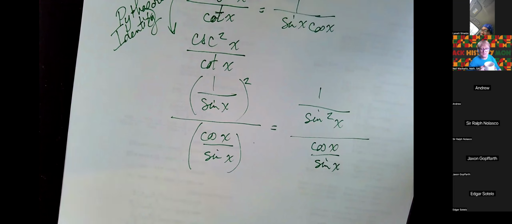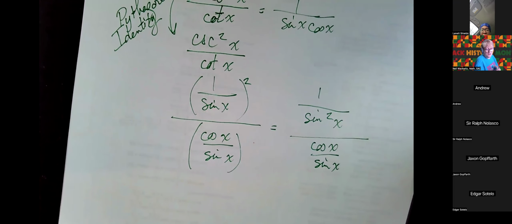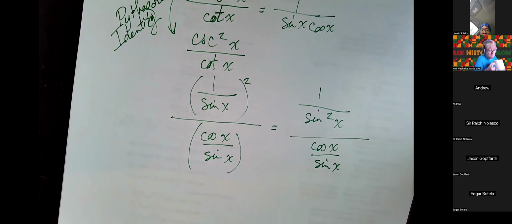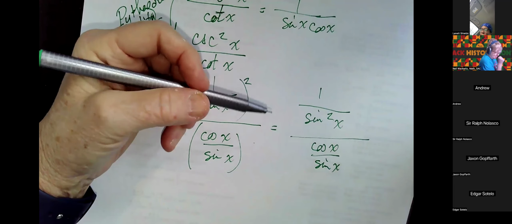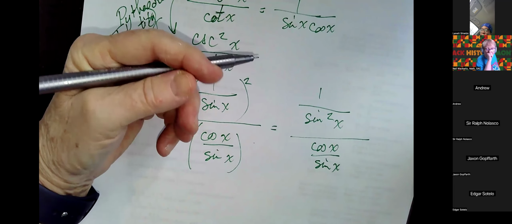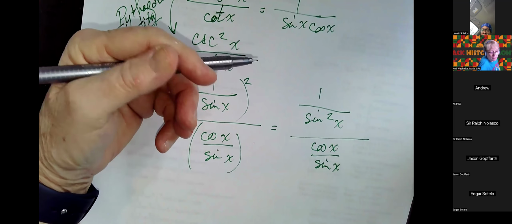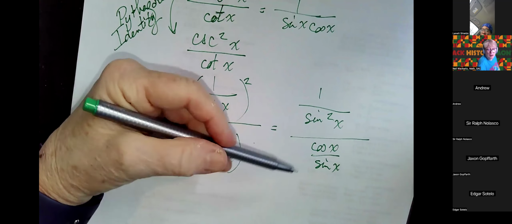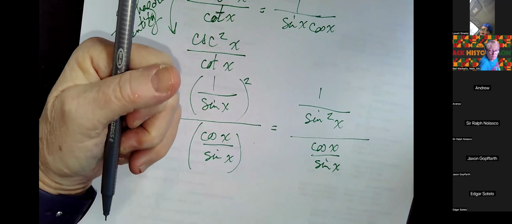What are the two inside denominators? Because we definitely have a complex fraction here, a fraction inside of a fraction. What is the inside denominator in the numerator? Sine squared x. And in the denominator, sine x.